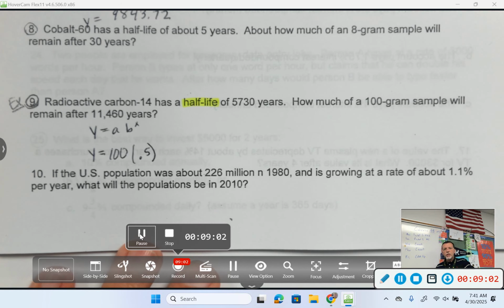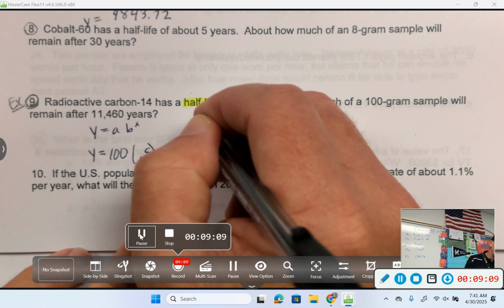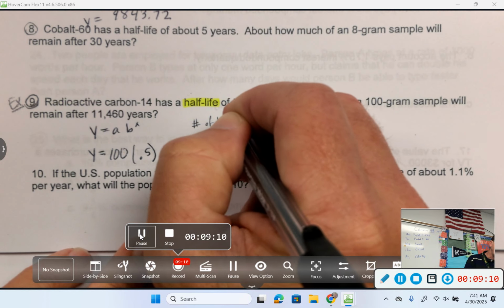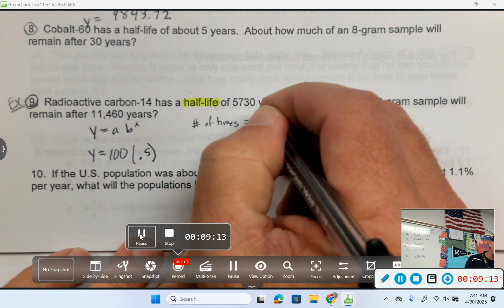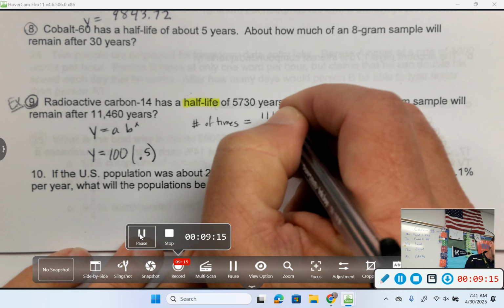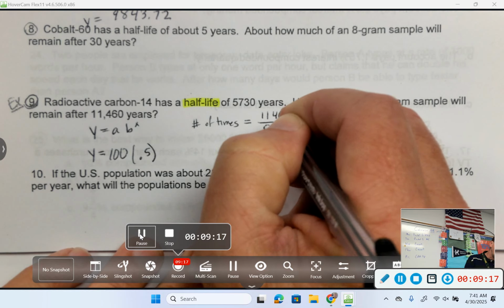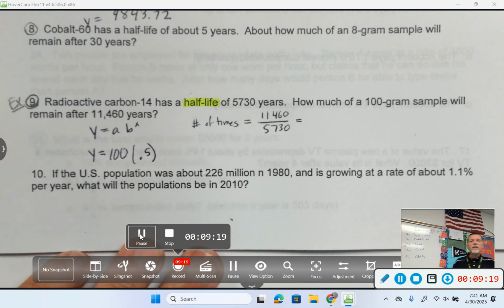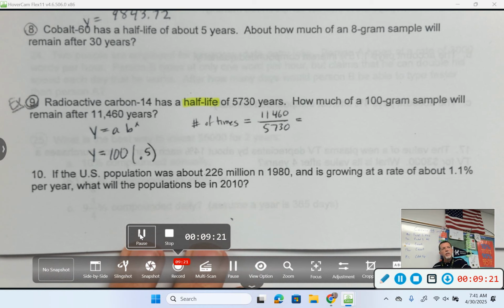Now the trick on this one is, how many times do we get cut in half? Where'd you get twice from? You're right. The half-life is 5,730 years. So you got to do a little math on the side here, or you can just put it into the equation.